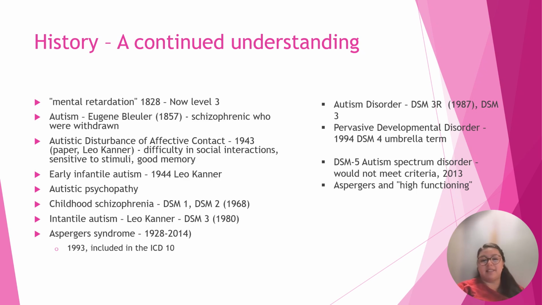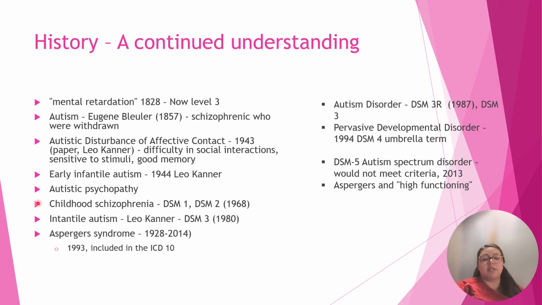Noticing that these might have met criteria, or at some level describe what we see today, but there's a different context. Here you have early infantile autism, autistic psychopathy, and childhood schizophrenia.